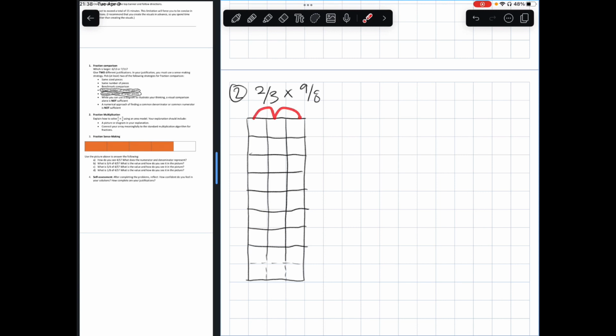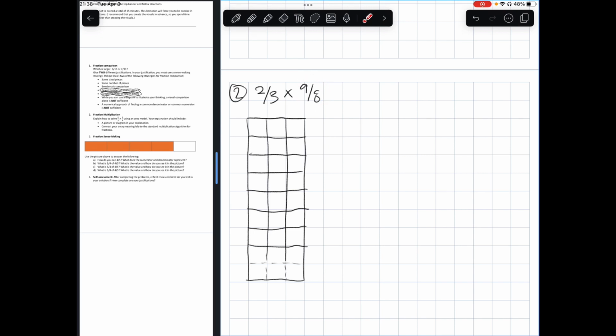We have 3 columns here. 1, 2, 3. And that is because of our lovely 2/3. And we have 8 rows. Technically, we have 9 rows, but that's because this is an improper fraction.